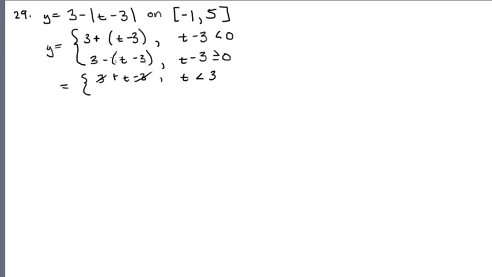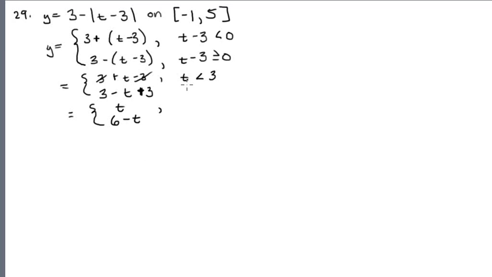And over here I have this negative sign that I need to distribute to both terms, so that'll be 3 minus t plus 3. So this is going to give me, in my first case, a value of t, and in my second case, a value of 6 minus t.